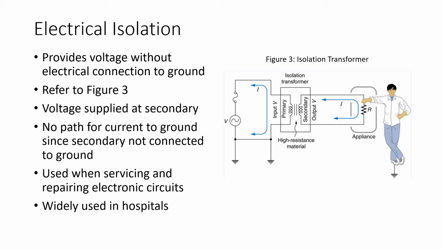Now, isolation transformers are also widely used in hospitals. And the reason they do this is that if we have, for instance, a hospital bed, which is, as you know, motorized, plugged into a receptacle, the chassis of that bed could be elevated at some voltage above the earth.